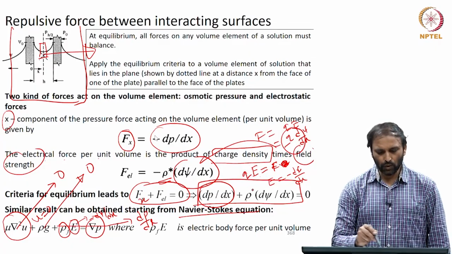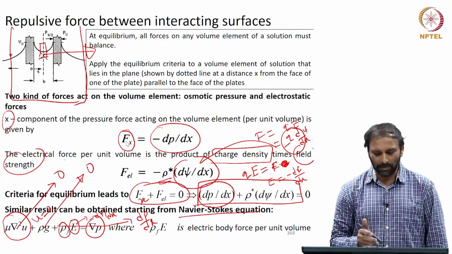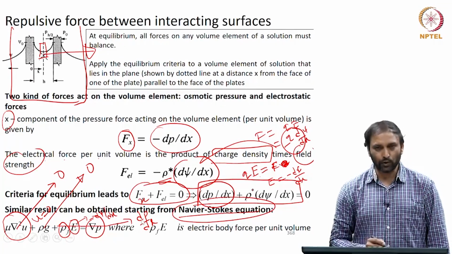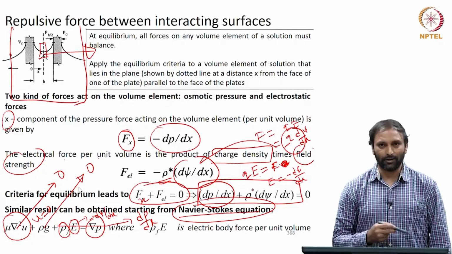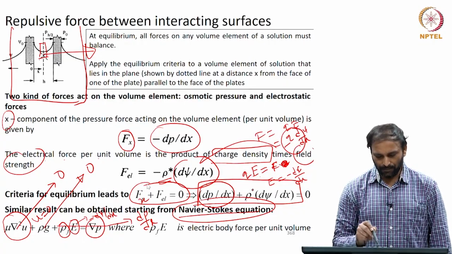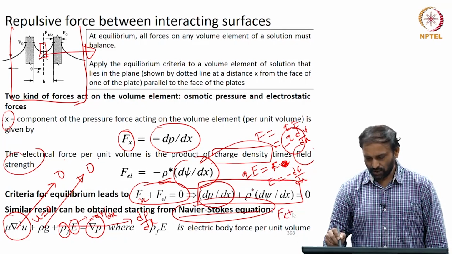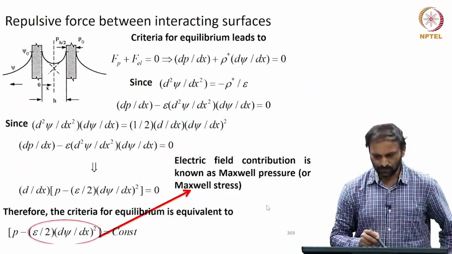Okay. So, whether you identify the different forces acting on the volume element and then do a force balance, or you start with the Navier-Stokes equation and then neglect the terms that are not relevant, you end up with the same expression: f x plus f E L is equal to 0, right.